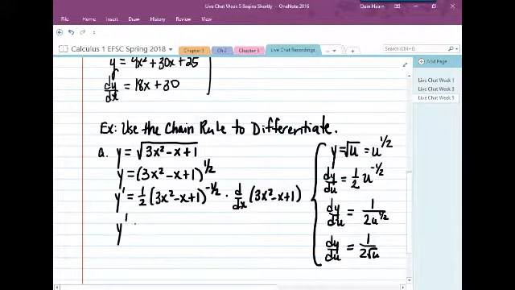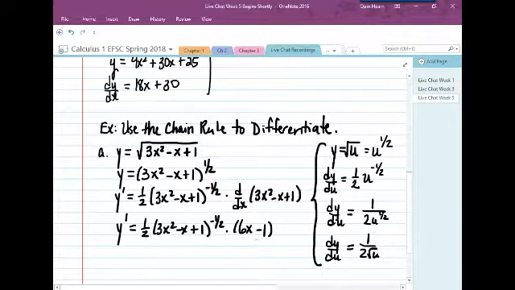So that's going to be y prime equals 1/2 times (3x squared minus x plus 1) to the negative 1/2 times, now the derivative of 3x squared would be 6x, the derivative of negative x would be negative 1.